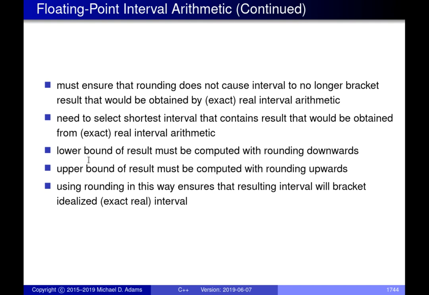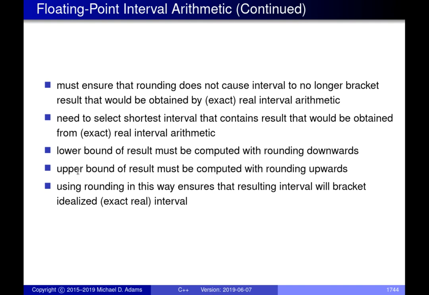So typically what we do is we'll compute each operation, whether it be addition, subtraction, multiplication, division, twice. Once rounding downwards, so we force any error to accumulate in a downward direction. So effectively we're going to lower bound what the correct answer could be. For the lower bound we compute, we're guaranteed the true answer is always greater than or equal to it, because we're always rounding down. So we're being pessimistic in the negative direction, and the answer we get would be less than or equal to the true answer.